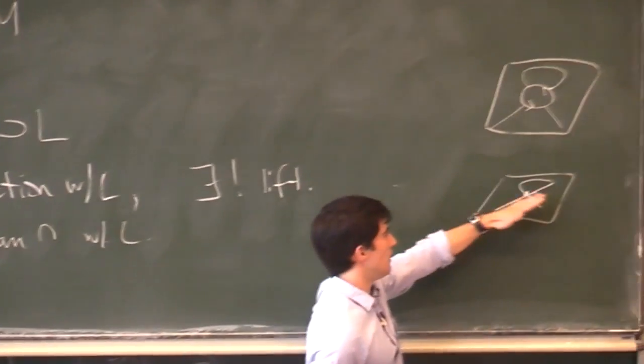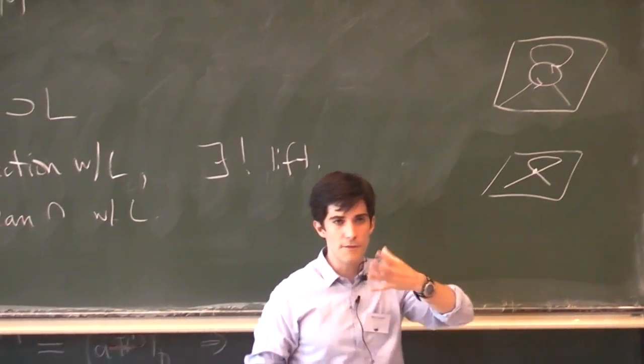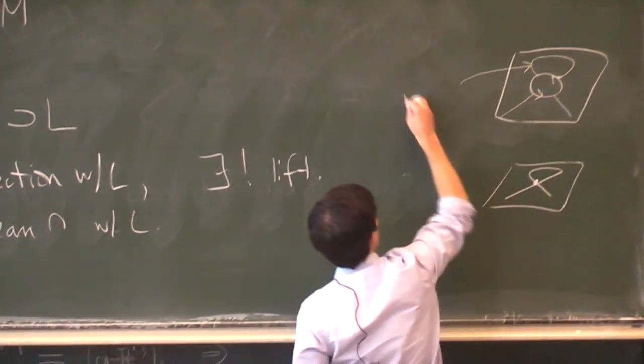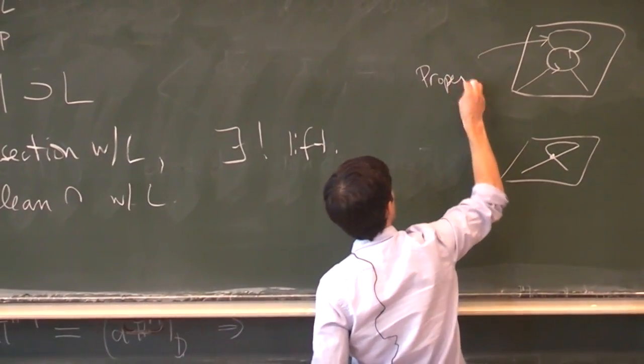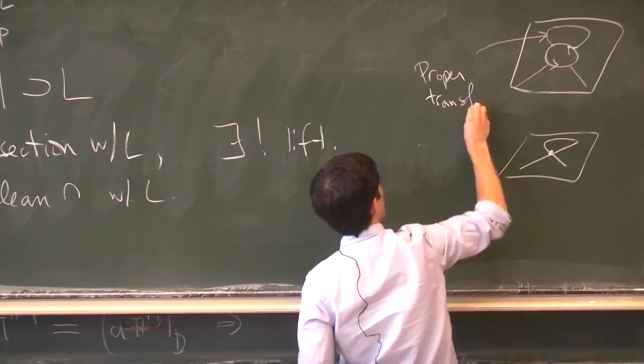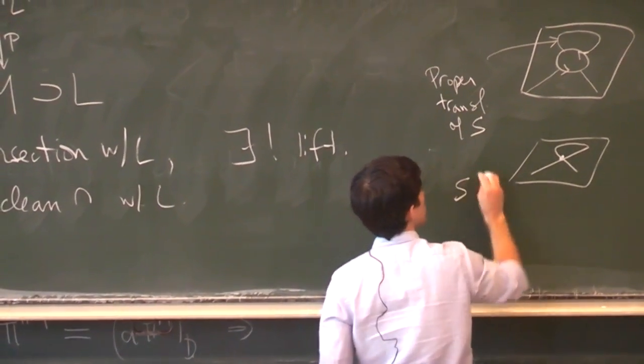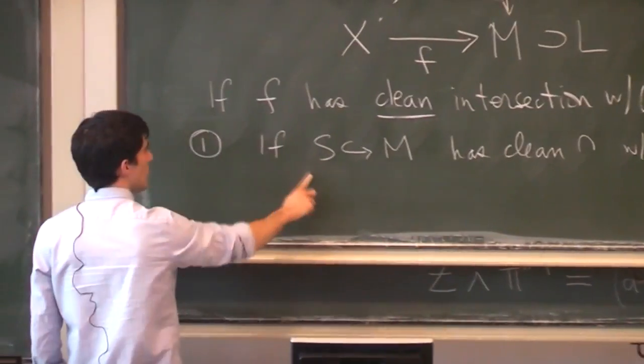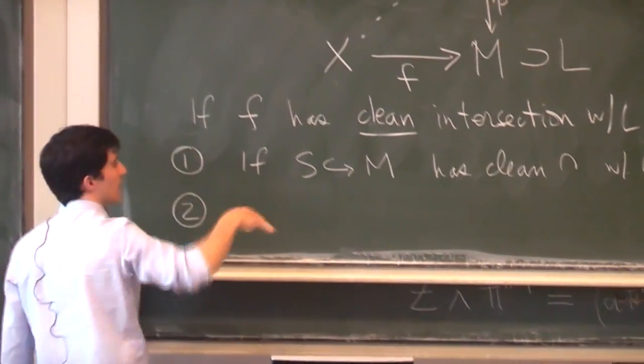If I deformed it, then it would totally miss L. So this is definitely not a transverse intersection. It's a clean intersection, and this is called the proper transform of S. So this is S. If you have a submanifold with clean intersection with L, then you can lift it.